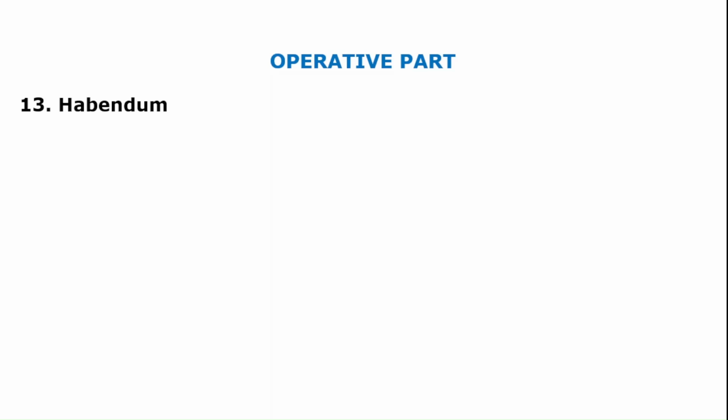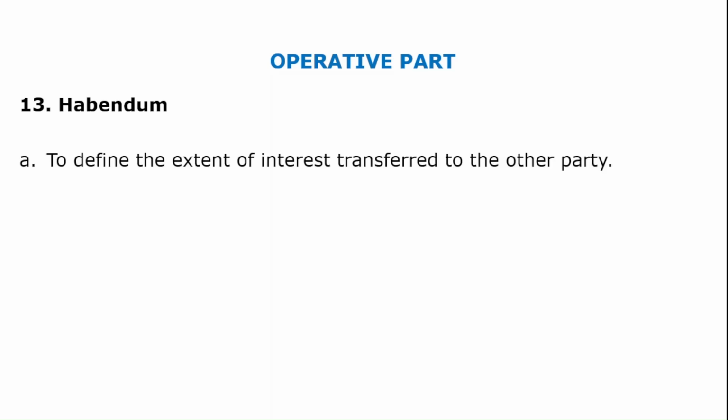The function of the addendum is to simply define the extent of interest that is being transferred to the other party. Now the reason why sometimes you are seeing me write other parties is that some of these clauses also reflect in other documents, like if you are drafting a deed of lease, there's also an addendum to it, right? So I can give you the general function, but now zero it into deed of assignment.